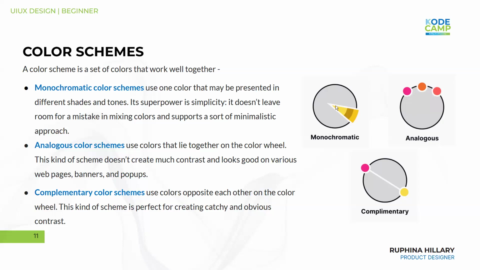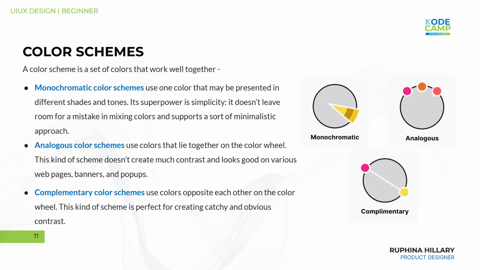Right? So from this image here, you can see that it's just saying that you're going to use just one color but different shades of it. You have the yellow, you have a darker yellow, you have a lighter yellow, but it's the same color, the same hue, but different lightness, different shades, different tones.